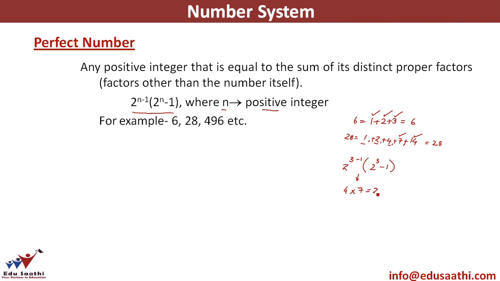What I got is 28, which is the second perfect number. If you assume the value of n to be 2, you will get 2 raised to power 2 minus 1 into 2 square minus 1. So this will be 2 into 3. You will get the first perfect number, which is 6. So 6, 28, 496. These are the examples that we have for a perfect number.